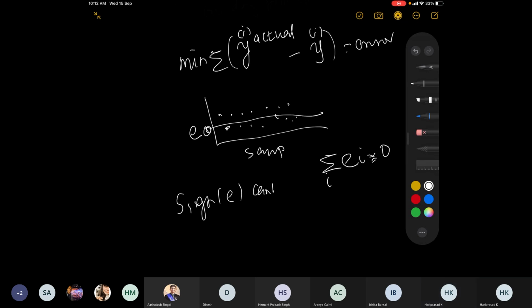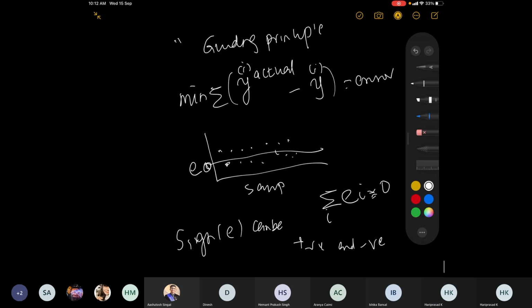So just summation won't help because the sign of e can be positive and negative. When you take the summation, the overall contribution decreases. So the standard way to do it is to add a square, which is the celebrated least square formulation.